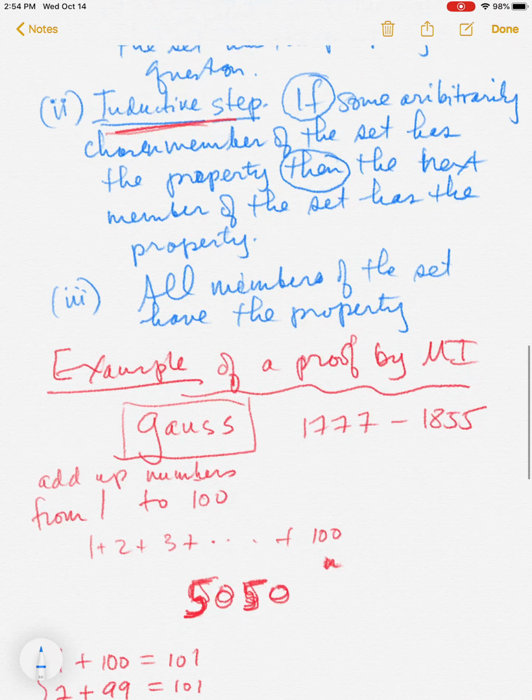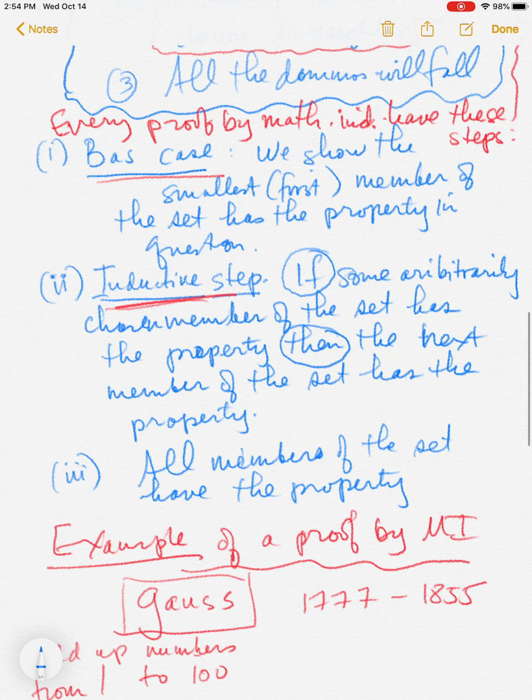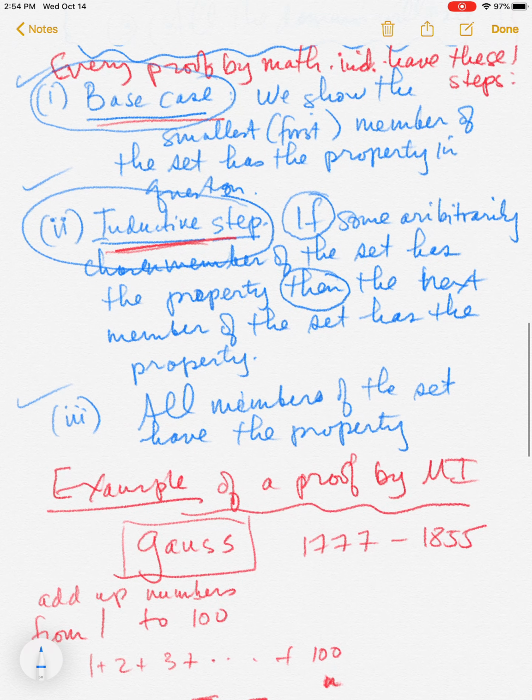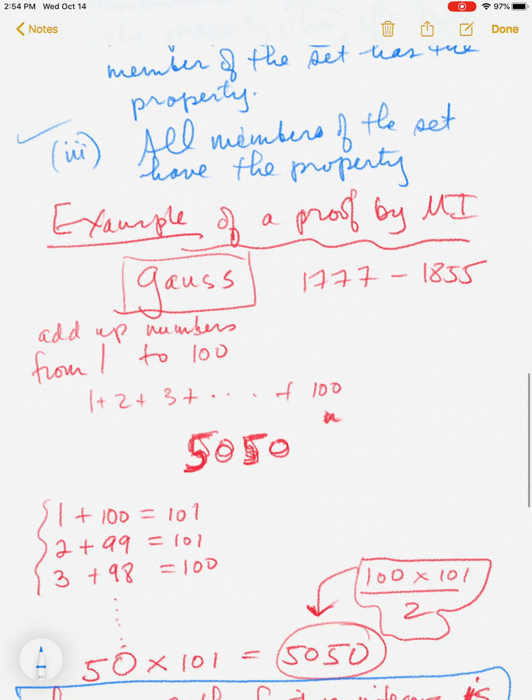And remember that I said that every proof by mathematical induction has two parts. It has the base case and it has the inductive step. And if you can establish the base case and you can establish the inductive step, then you can conclude that all members of the set have whatever property it is that you're trying to show that the members of an infinite set have.